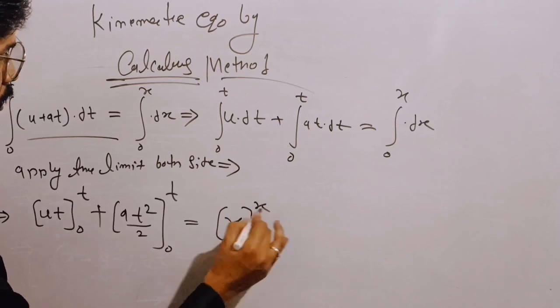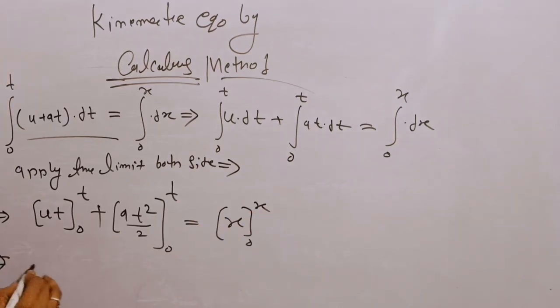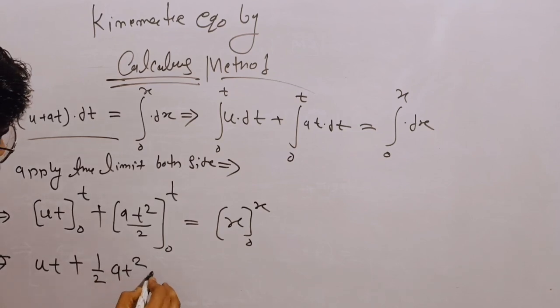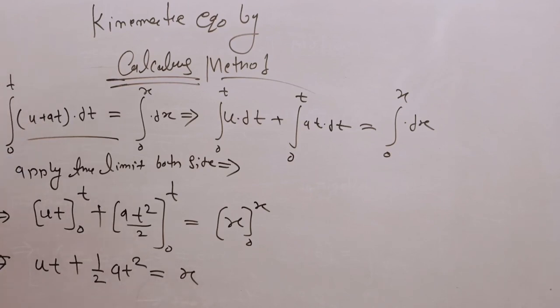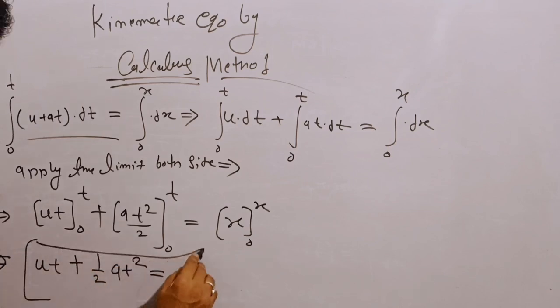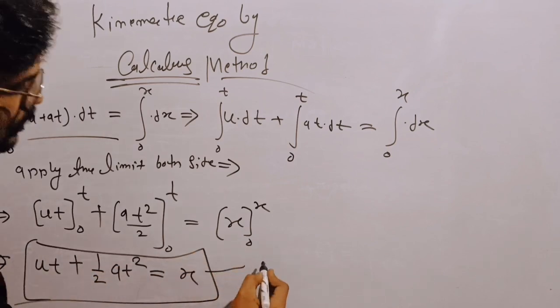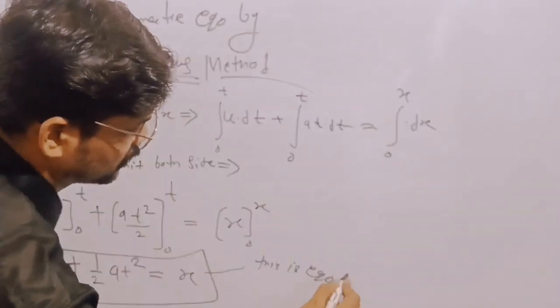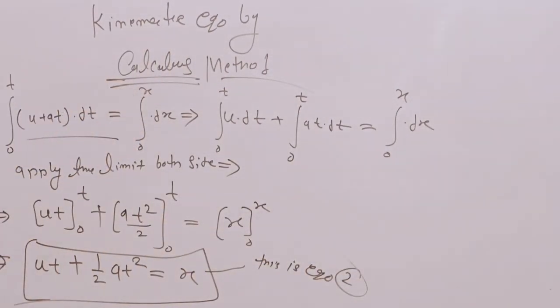The limit is 0 to x, the value of the integration, and then we apply the limit. So ut plus half at square is equal to x. So this is the equation 2 derived by the calculus method.